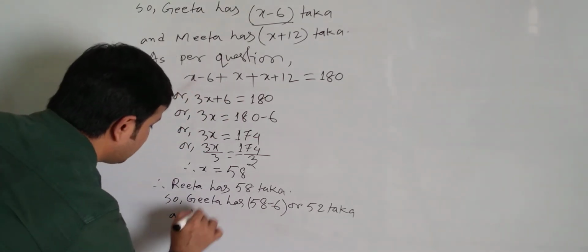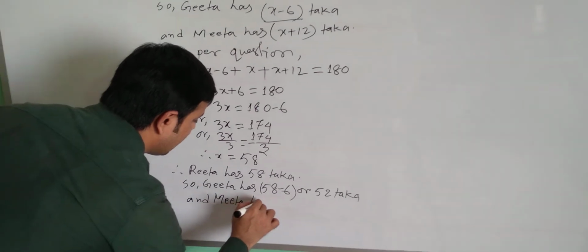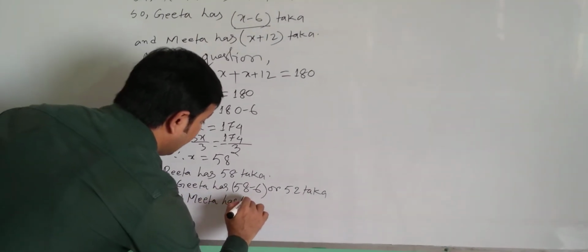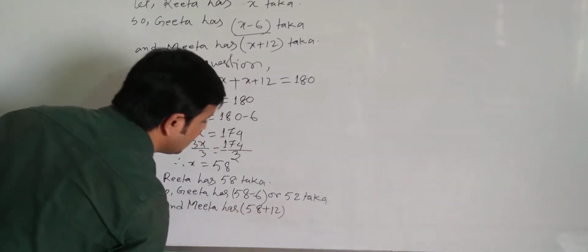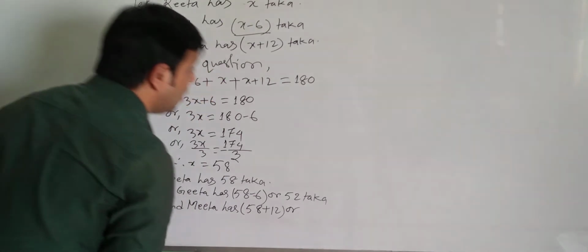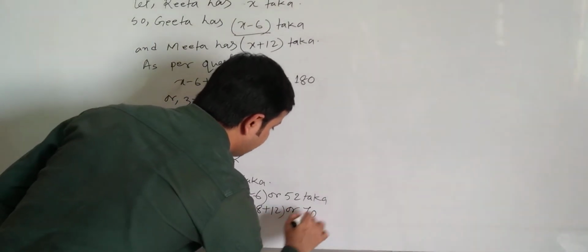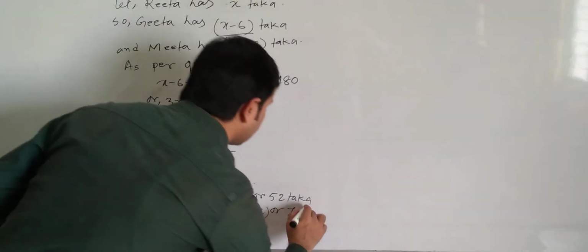And last one is Mita. Mita has, we have to add 12 with 58, as x plus 12 is the money of Mita, that is 70. If we add, we will get 70 taka.